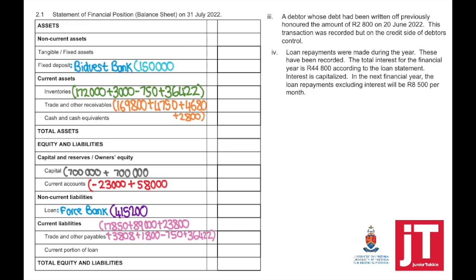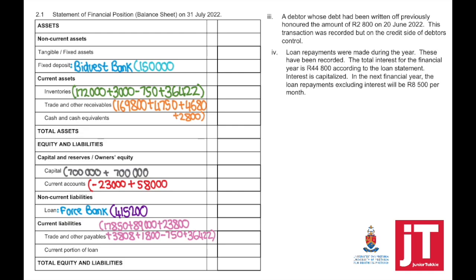Please take note, if you are battling to know should I plus or should I minus, then use the T accounts as a tool to see what it is that I'm supposed to be doing. The next adjustment, loan repayments were made during the year. These have been recorded. The total interest for the financial year is 44,800 according to the loan statement.